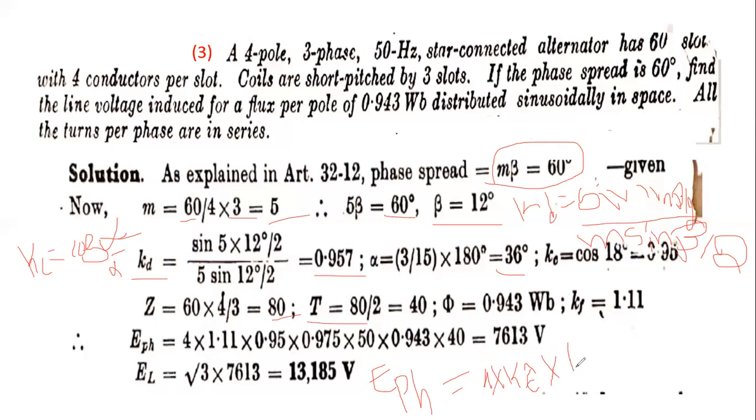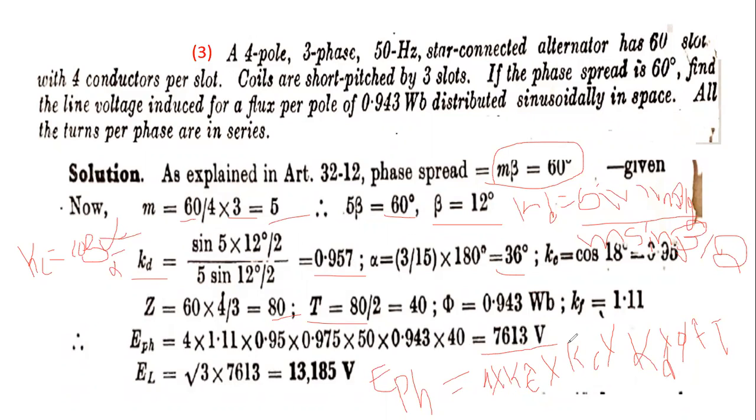KF into KC into distribution factor KD into phi into F into T, where phi is the flux, F is the supply frequency and T is the number of turns.